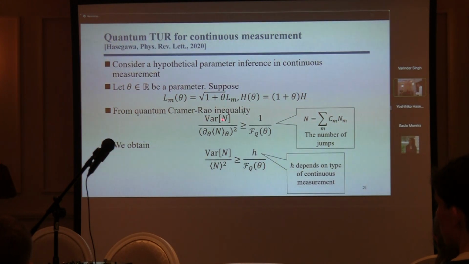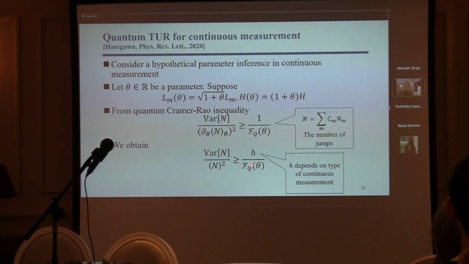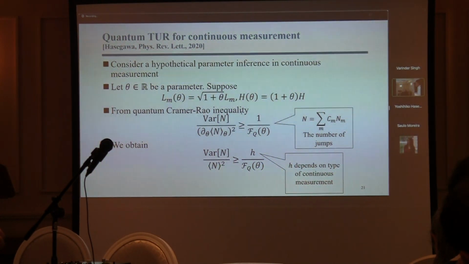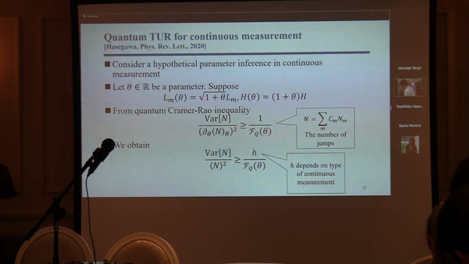So by applying the quantum Cramér-Rao inequality, and the observable is the number of jump events, it can be represented by this one. Then we can obtain this representation.